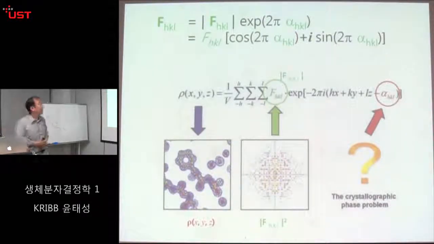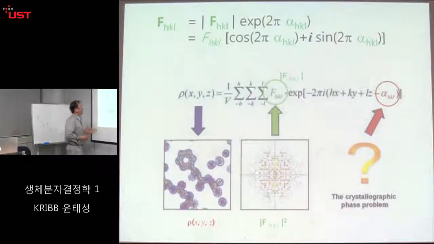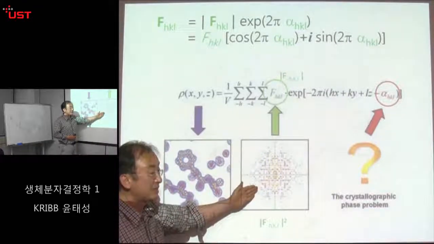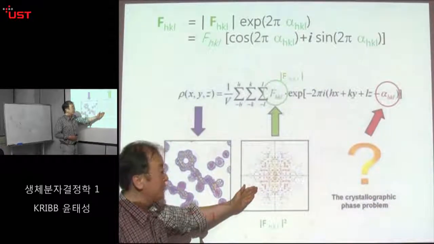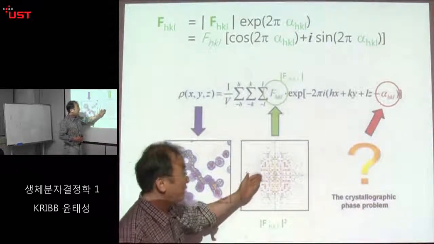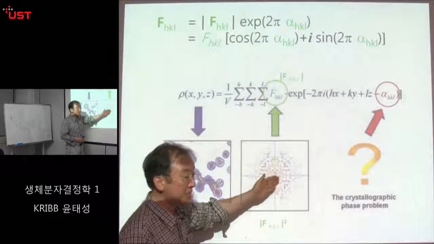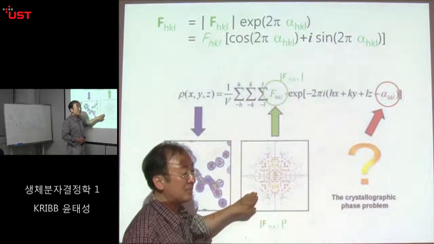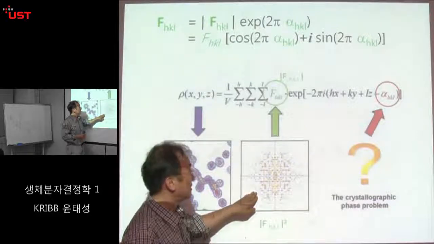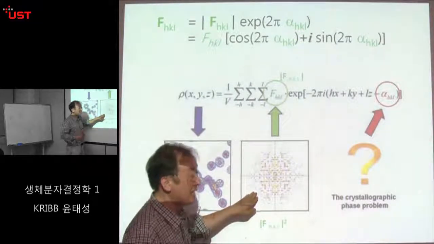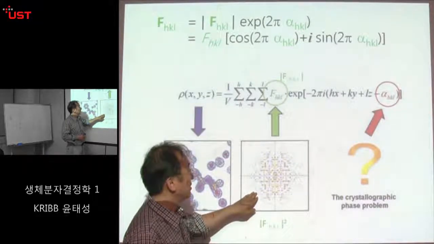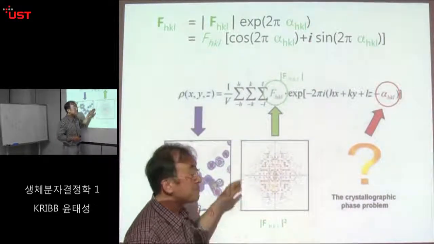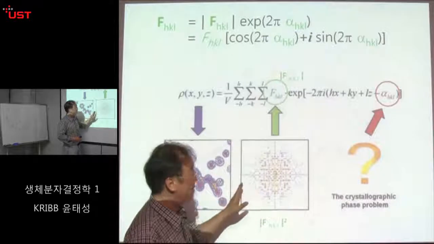Oh, here, when you talk about a diffraction experiment, we are talking about this data. But this data should be collected in the manner of varying HKL with the given resolution D, not a specific D HKL, but as a radius of D for the sphere. Okay.